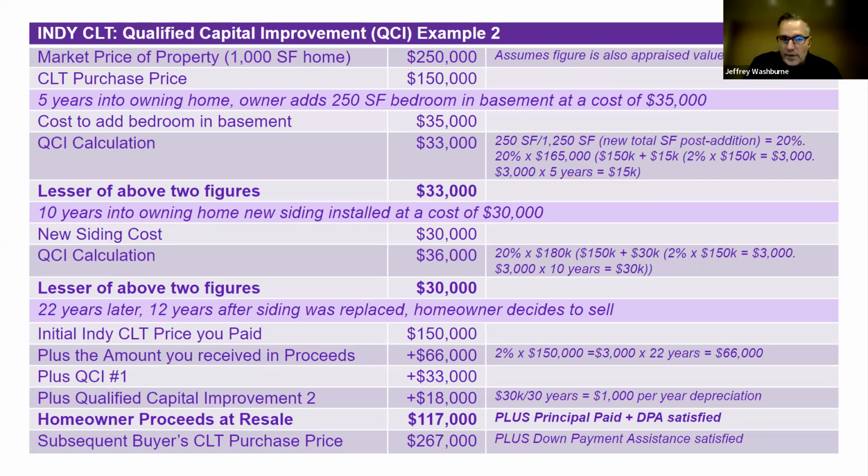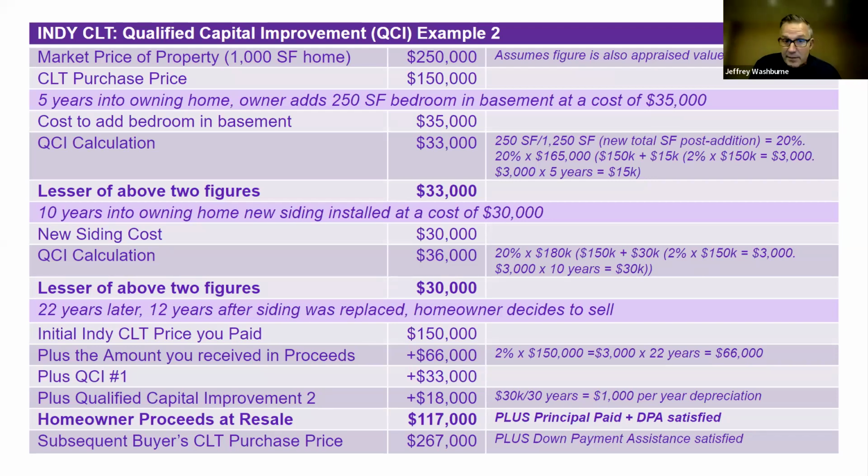And so going down 22 years later, 12 years after the siding was added to the property or replaced, the calculation would be $150,000 plus the $66,000, because I've lived in the home for 22 years, plus the first qualified capital improvement. So I'm going to receive the full $33,000 because that did not depreciate.